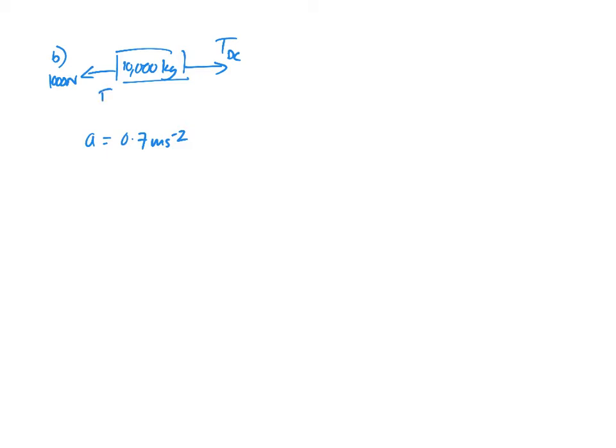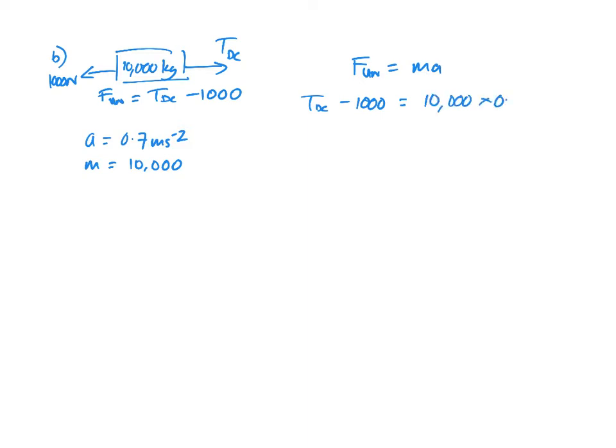And remember, the key to these Newton's second law problems is what is F un in this situation. Now we don't have all the values, but what we can do is a simple expression, force to the right, take away force to the left. So it's T DC minus 1000. We do know the mass and the acceleration though. So now when we come to apply F un equals ma, we replace F un by T DC minus 1000 equals 10,000 times 0.7.